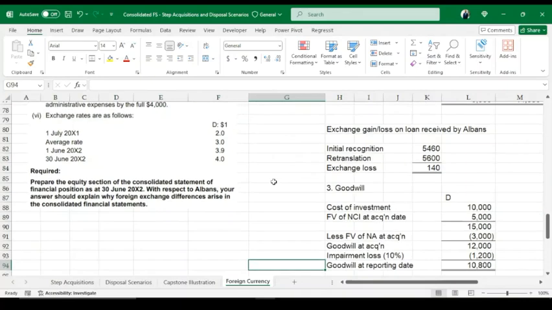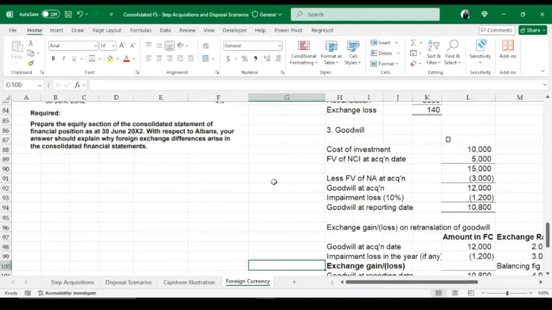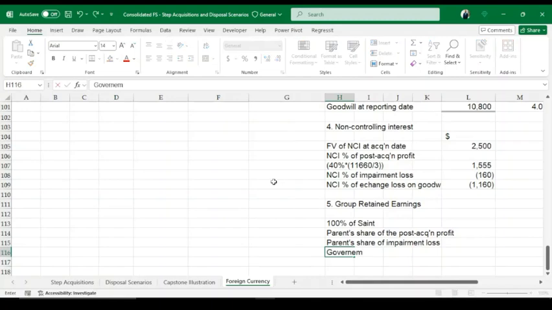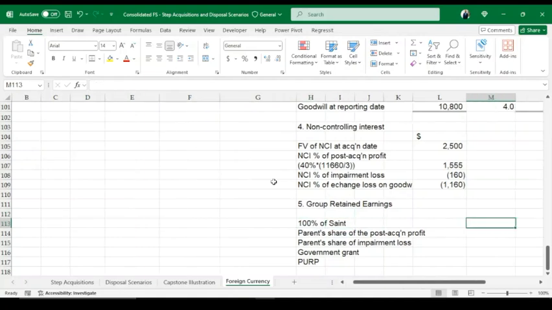And since this is the consolidated statement of financial position, we are going to treat all statement of profit or loss items under our group retained earnings. So we have our government grant here, and then we've sold goods to the subsidiary. So we are going to have a provision on unrealized profit also there.